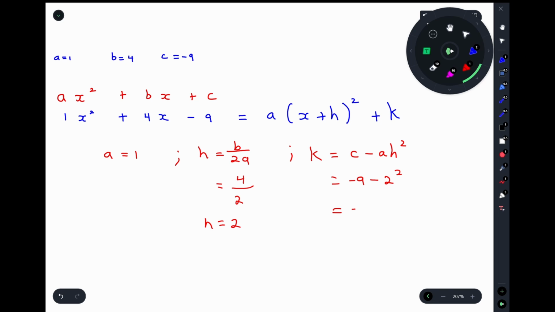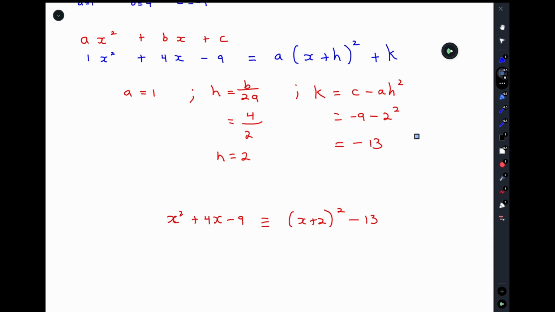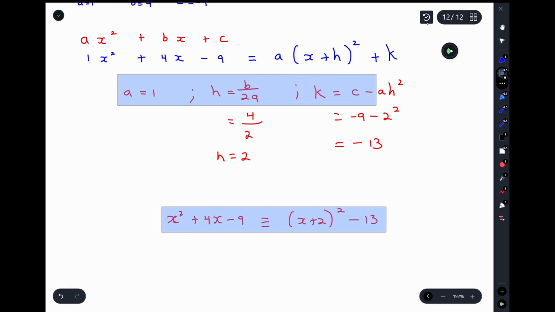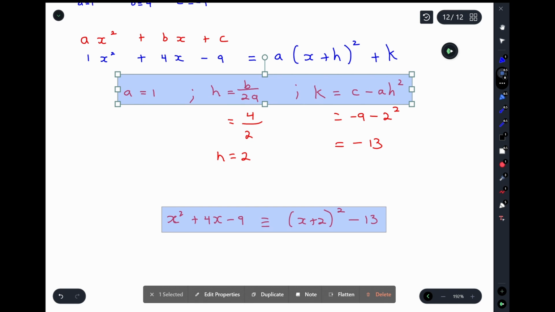And that'll give us negative 13. So in the end, x squared plus 4x minus 9 can be expressed as x plus 2 squared minus 13, where a is 1, h is 2, k is negative 13. In the next step, I'm going to explain where I got these formulas from, specifically these two.